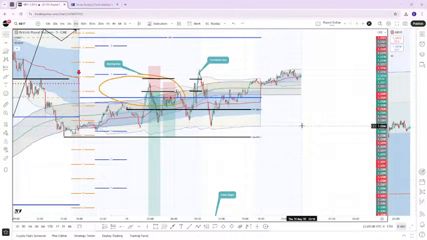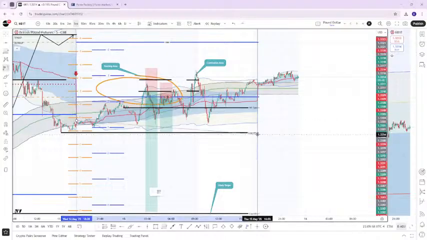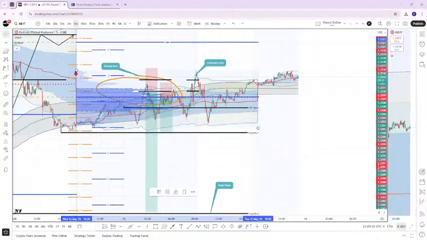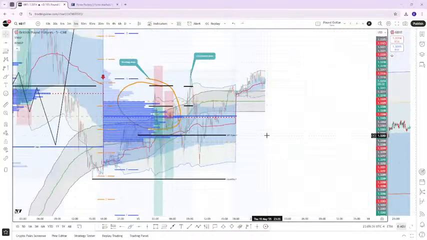Okay, now let's look at volume profile first. Yeah, it looks like a decent balance. Sorry guys, there's a lot going on in the chart, but bear with me. That is what it looks like. Distribution.